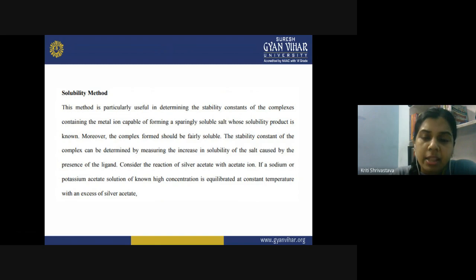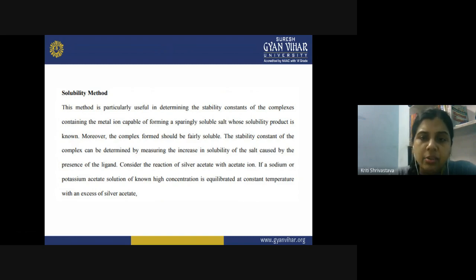Then the next method that we can use for the study of metal complex is the solubility method. Now this method is particularly useful in determining the stability constant of the complex, which contains a metal ion capable of forming a sparingly soluble salt, and whose solubility product is known to us.